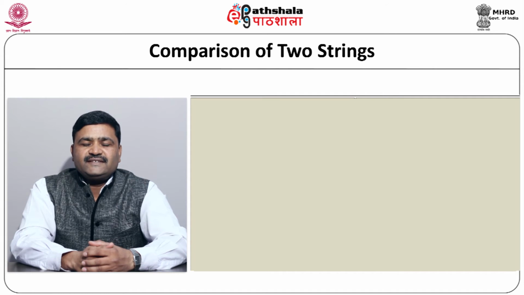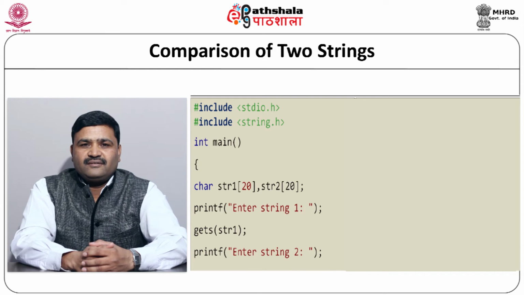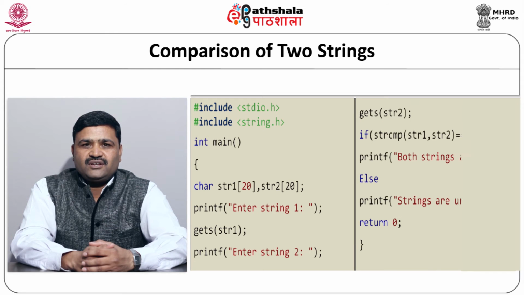Now let us see a simple program for string comparison. In this program you can see at the header side we have included string.h as a header file. In the program we are taking two different strings from the terminal. String 1 is taken using the gets function, and string 2 is taken from the terminal using gets as well.